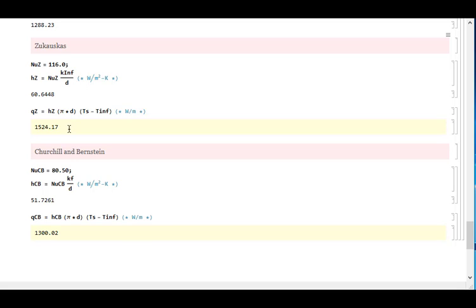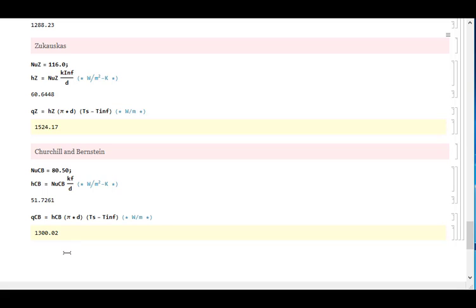And we end up with a value of 1,524 watts per meter. And then finally, for the Churchill-Bernstein correlation, the value is 80.5. The heat transfer coefficient becomes 51.7, and we end up with a total rate of heat transfer of 1,300 watts per meter.